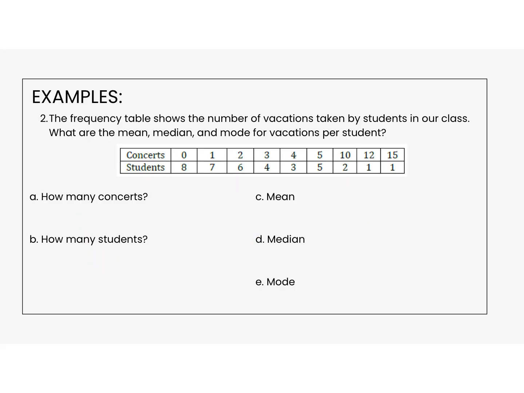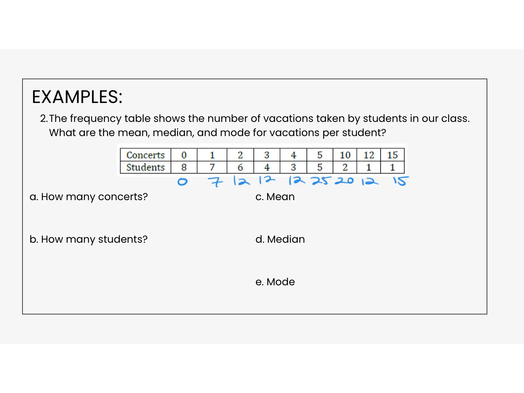Let's look at one more. We're going to do the exact same thing. This shows how many concerts per student. So again, when we talk about how many concerts, 8 students went to 0, so that's 0. 7 students went to 1, that's 7. Then 12, 12, 12, 25, 20, 12, 15. I'm just getting that by multiplying the columns of numbers.